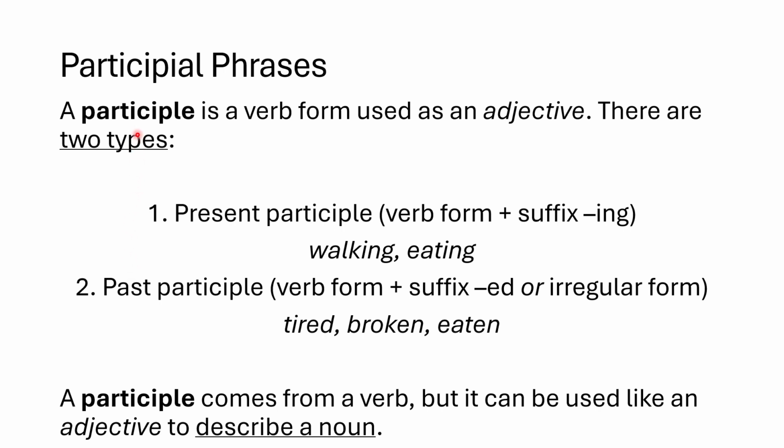A participle is a verb form used as an adjective. There are 2 types. 1. Present participle, which is the verb form plus the suffix ing. For example, walking, eating. 2.